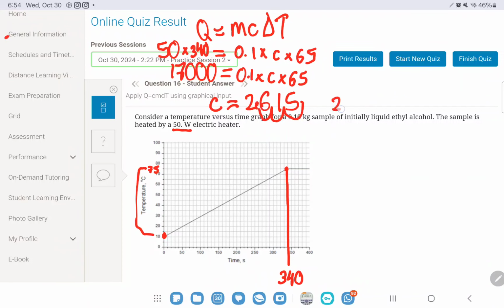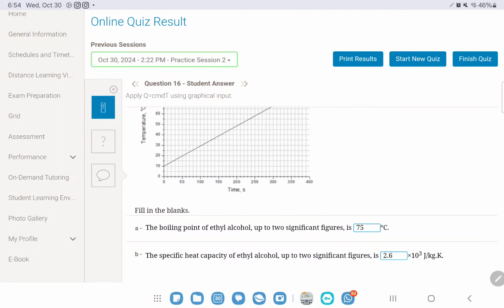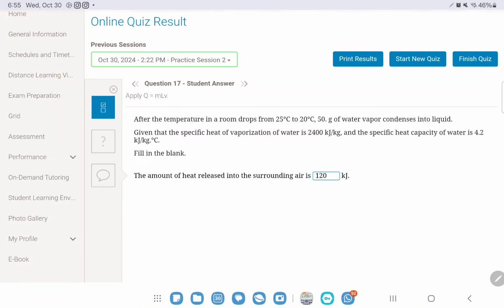It's going to be 2.6 times 10 to the power 3, since they asked for two significant figures. The unit is joules per kilogram Kelvin. Now we're almost done. There are 2 questions left after this.